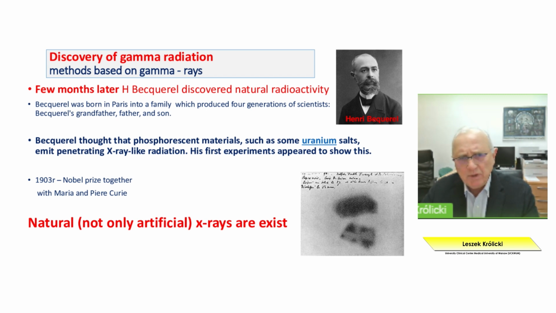Becquerel, several months later, 6 or 9 months later, discovered that radiation is not only artificial radiation that can be developed by artificial methods, but is also present in nature. It was just an interesting discovery by Becquerel.